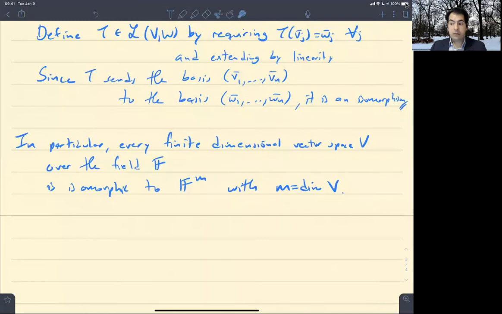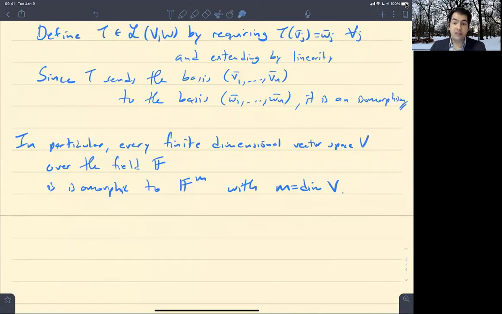And how do we get this isomorphism, right? Well, directly from this proof, you pick a basis, right? So if you give me a vector space of dimension m, then I can identify it with Fm every time you give me a basis of V, right? Every basis is going to give us an isomorphism to Fm.